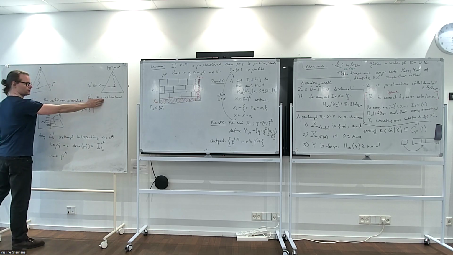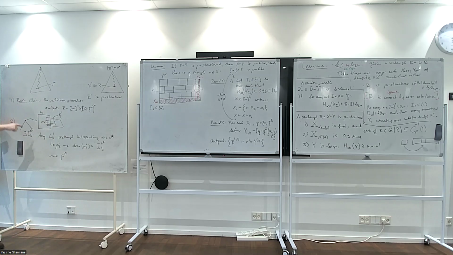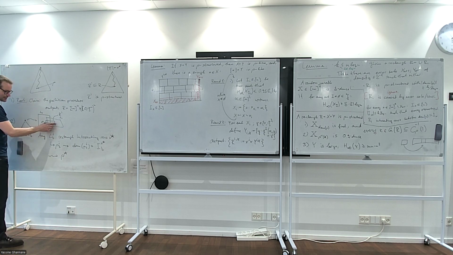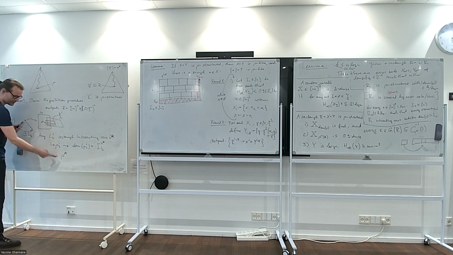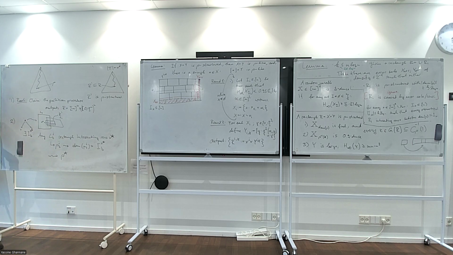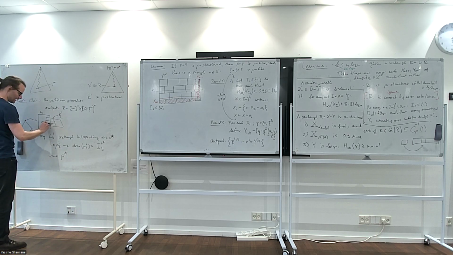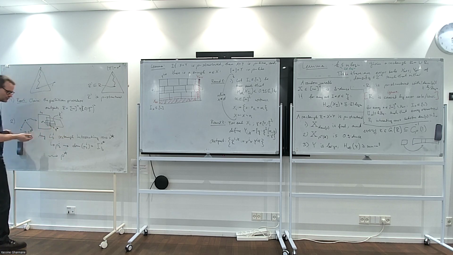But because I know that this row is row-like, there is a Y star that is consistent with row star. So I find here a Y star, at least one, that is consistent with row star.